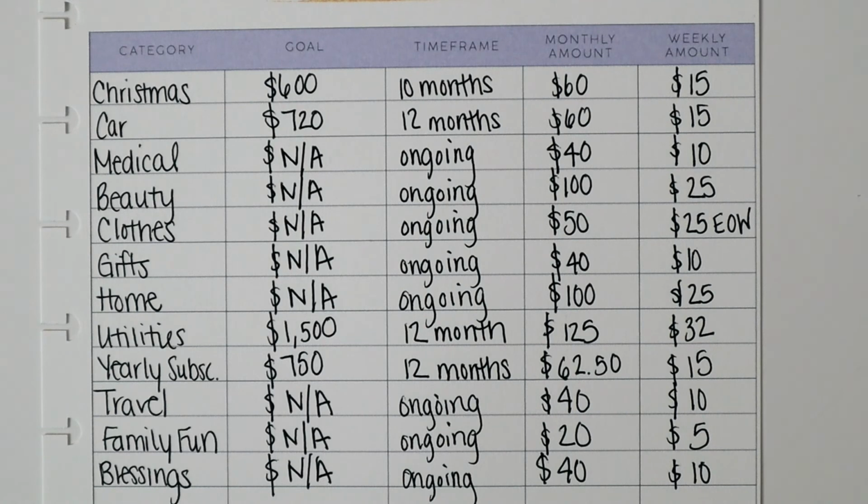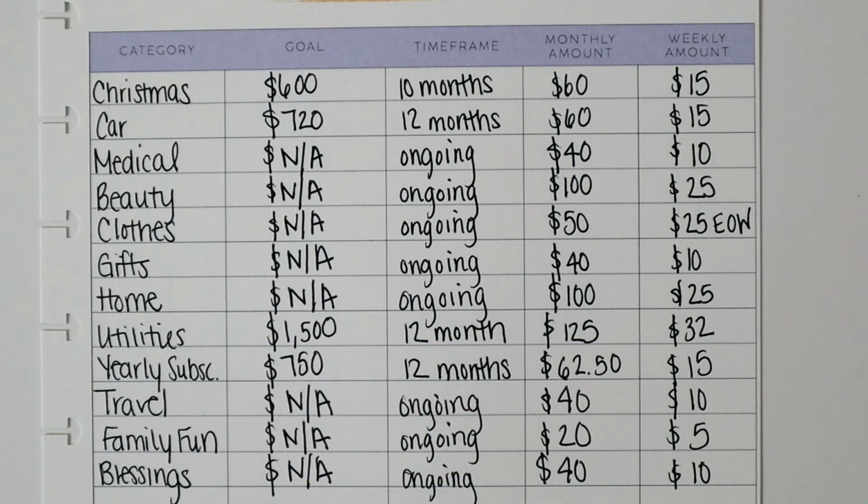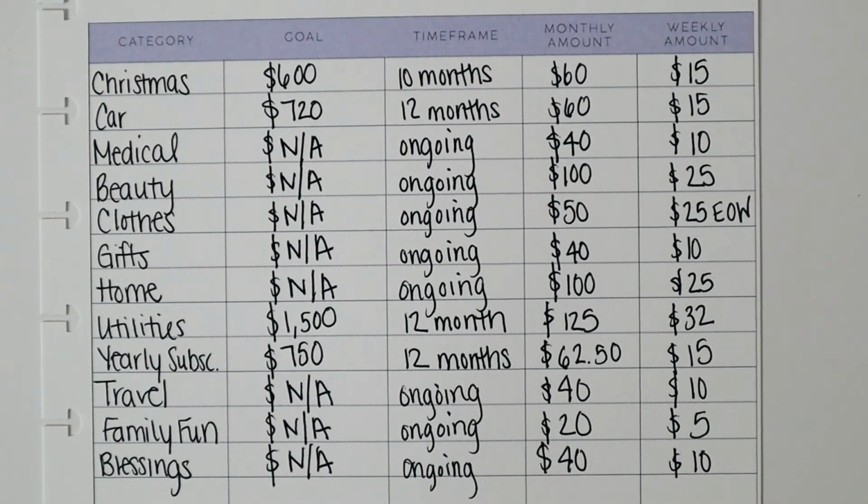So what I created as a rule is that if there is a month or a week where it just isn't fitting in our budget and we need to put the money that we set aside for these sinking funds to other areas, that is okay. A big thing, if you've followed me so far on my channel, is about giving ourselves grace. And so I'm going to be giving myself and our family grace that this is the ideal of what we would like to be doing for our sinking funds.